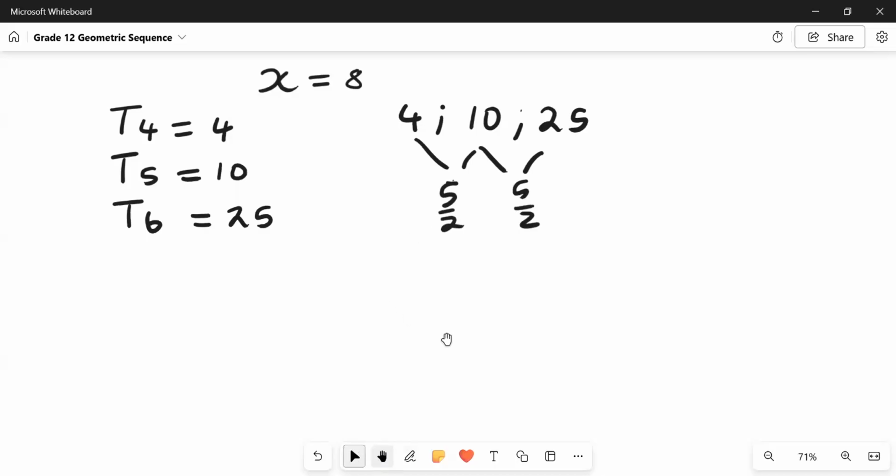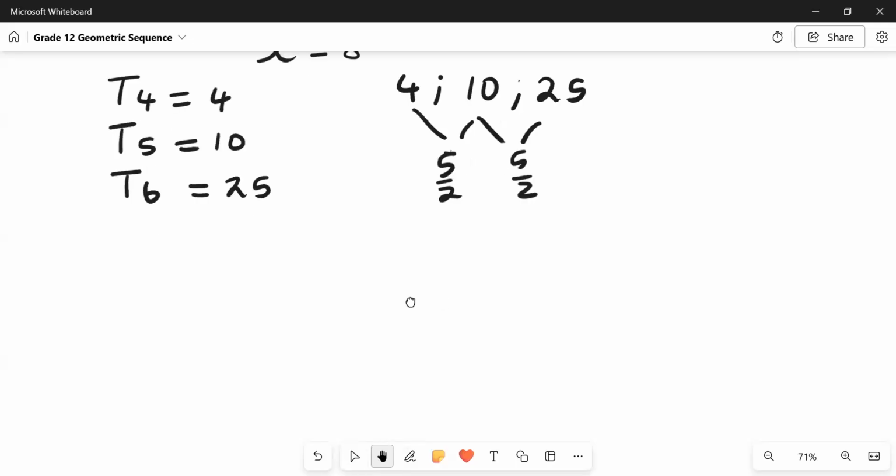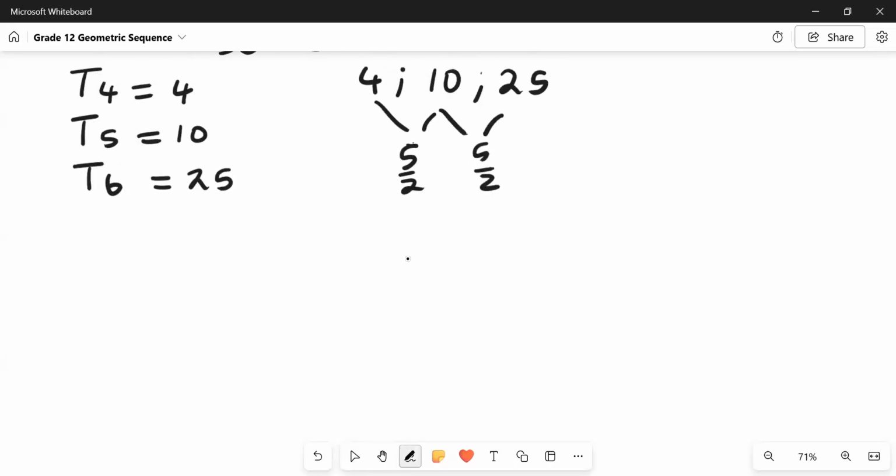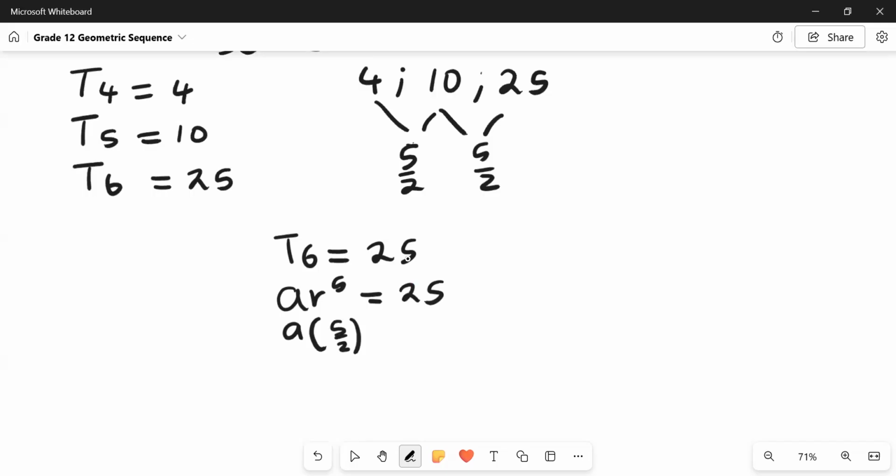Now, after getting your R again, we go back to T number 6, which is equal to 25. But T6 is AR to the power 5 equals 25. And then in place of R, we substitute 5/2 to the power 5 equals 25.